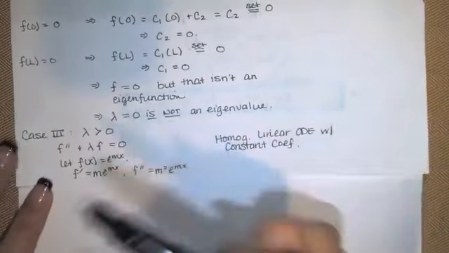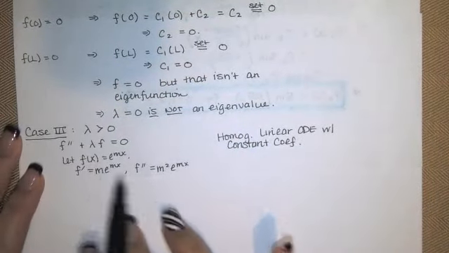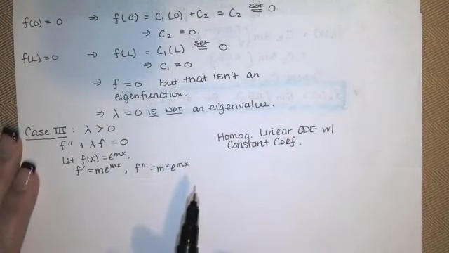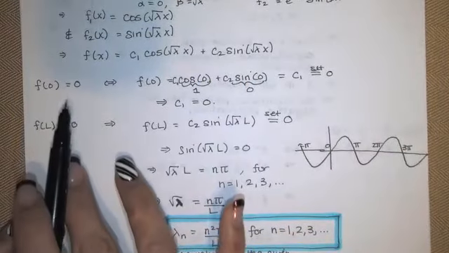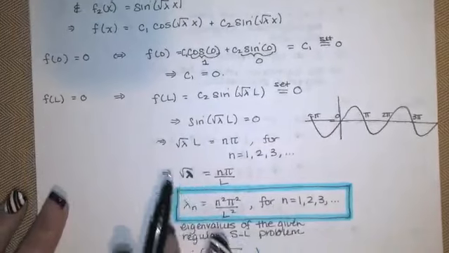Then finally, we look at the third case where lambda is positive. Solving this from first principles using the methods that we studied in ordinary differential equations, we find that our solution involves a linear combination of sine and cosine functions. Given that, these two boundary conditions lead to this.